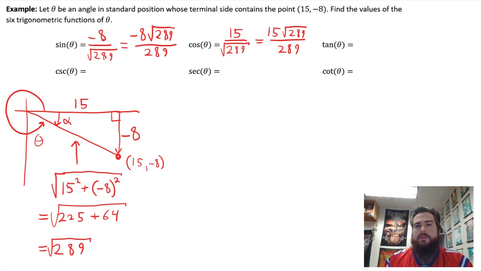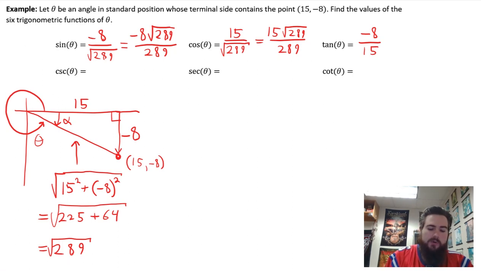And tangent would be the opposite side over the adjacent side. This we technically could have established even before drawing the triangle because we already had both of those sides. The opposite side in this triangle is the -8, and the adjacent side to alpha is 15. For cosecant, secant, and cotangent, keep in mind that those are all the reciprocals of sine, cosine, and tangent respectively.